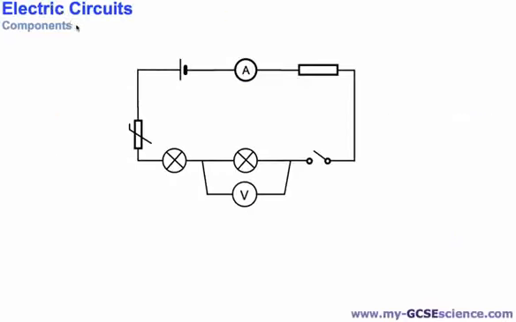It might be worth having a quick look at a circuit I made up and see if you can identify what the different parts are. So you might want to pause and write them down, and if you do, the answers are now. Here we have an ammeter measuring the current in the circuit.